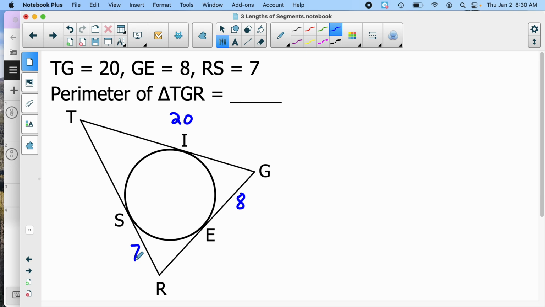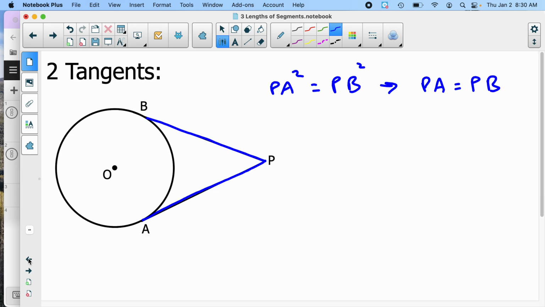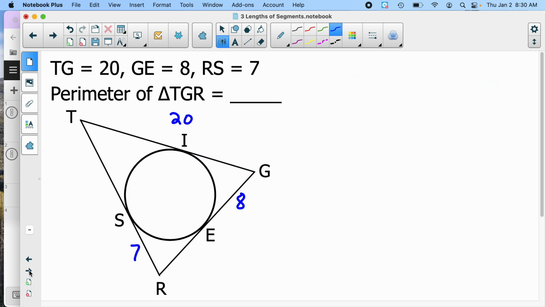Because tangents are the same length when drawn from the same point, since PA and PB are the same length here, if this segment RS is 7, RE is 7. If GE is 8, GI is 8. And if this whole length here was 20, 20 minus 8 is 12, so TS is also 12.